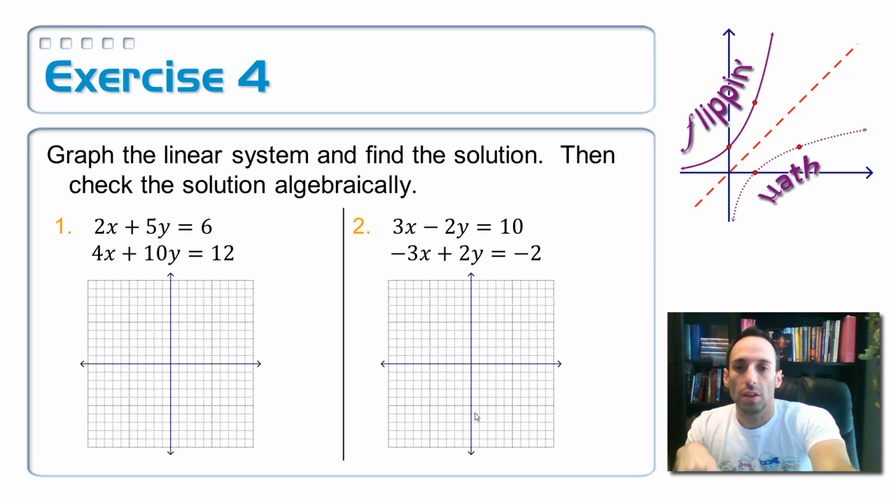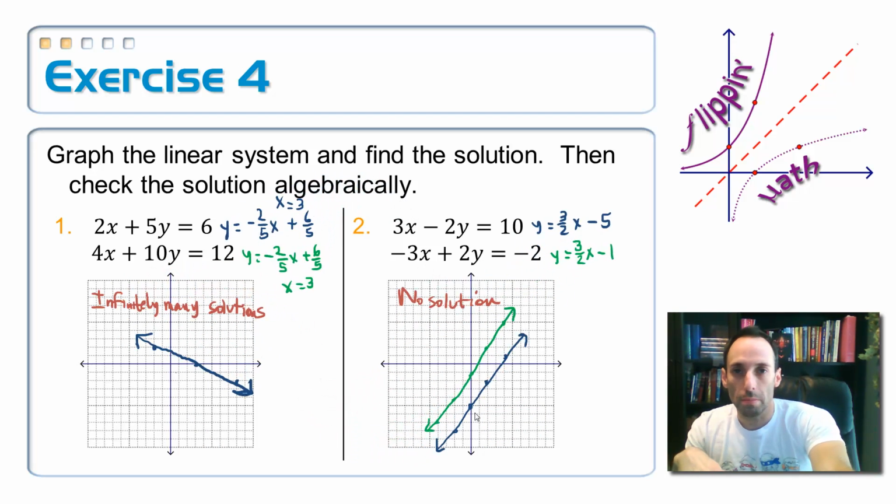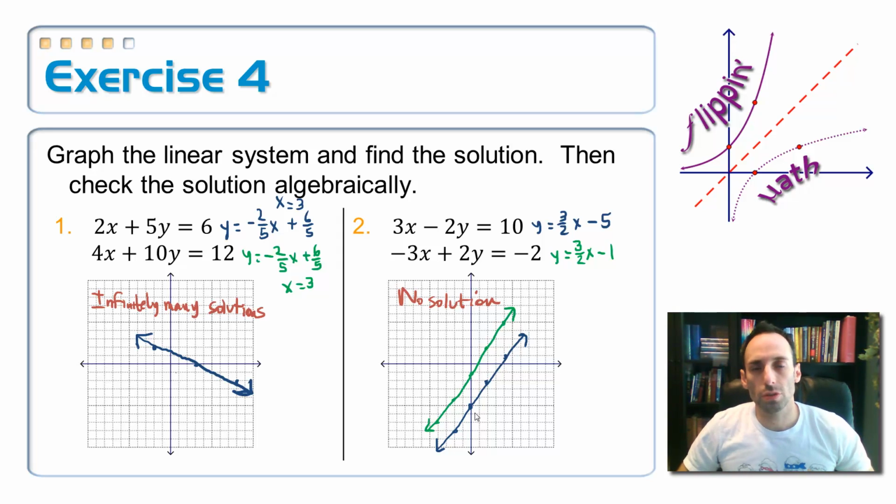The other two strange things that might happen: it might be the same exact equation, in which case there's infinitely many solutions. And lastly, I see that they are parallel to each other, so they have no solution in common, and I would write no solution. Now, in the next video, we're going to classify each one of these cases with some special terminology.